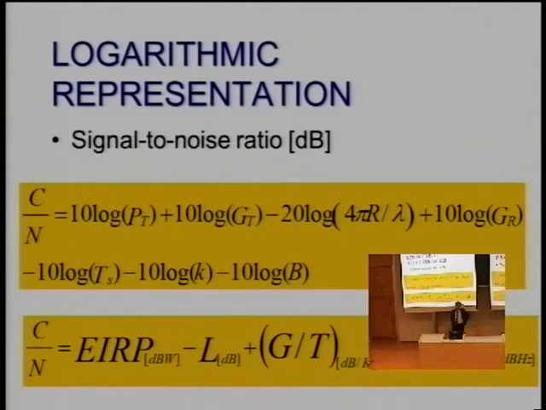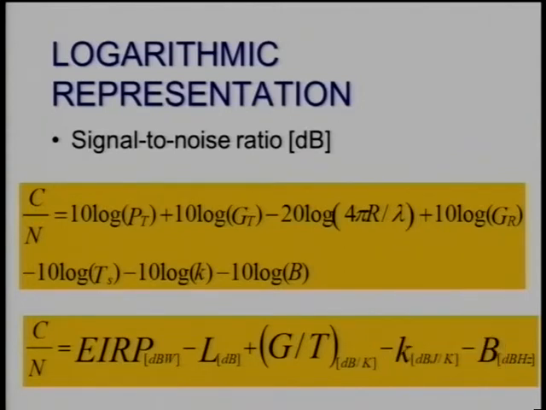So now we can take what we have developed so far, the same formula which you have seen before, by multiplication and division, and translate it into C over N equals, this is just the proportionality factor, 10 log transmit power plus 10 log transmit antenna gain.